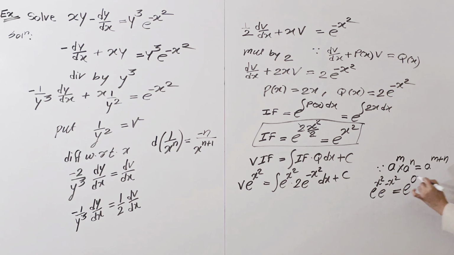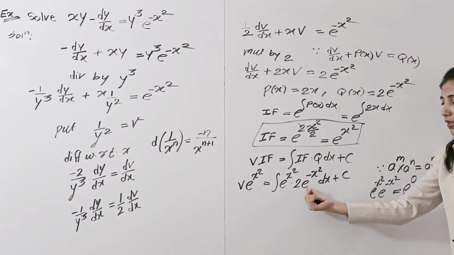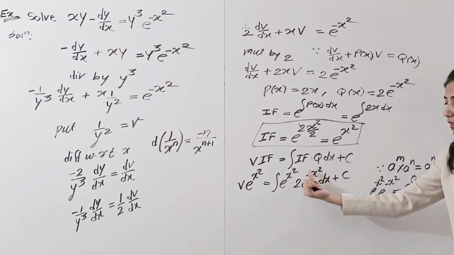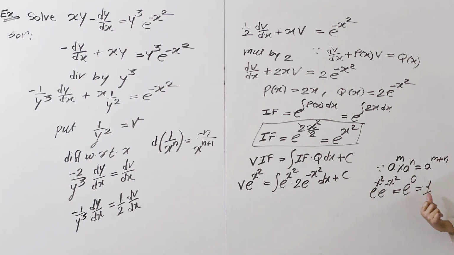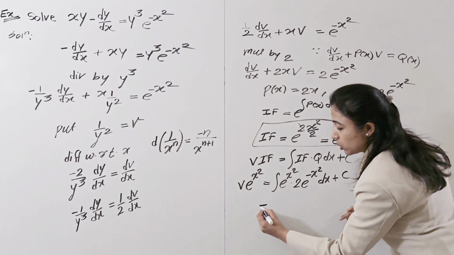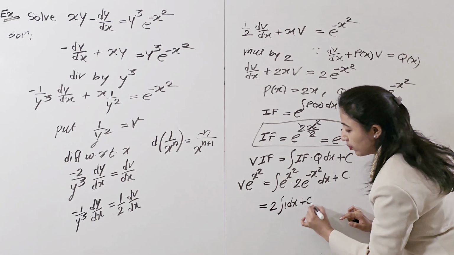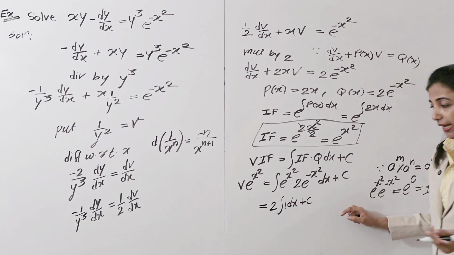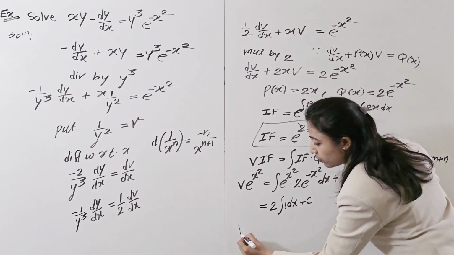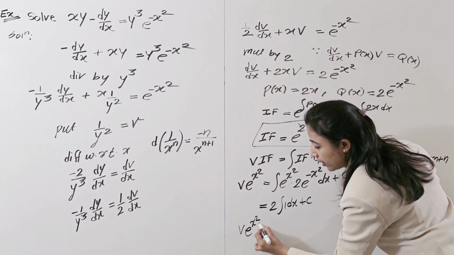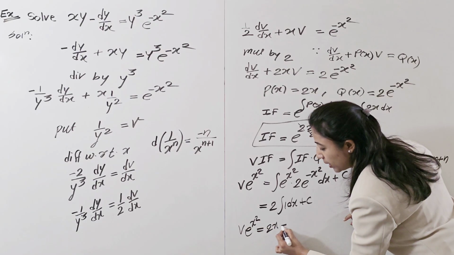So you will get e power 0, and any number raised to the power 0 is 1. So ultimately the product of this e and this e, their power addition becomes 0, so it is 1, and this 2 is constant, so 1 dx plus c. Integration of dx is x, so here v e power x square equals 2x plus c.